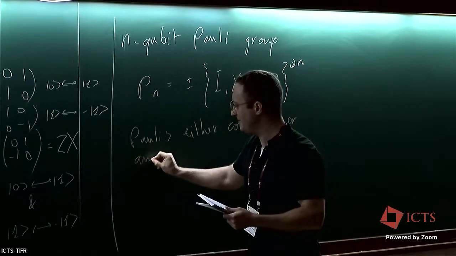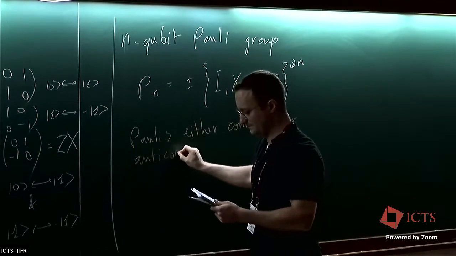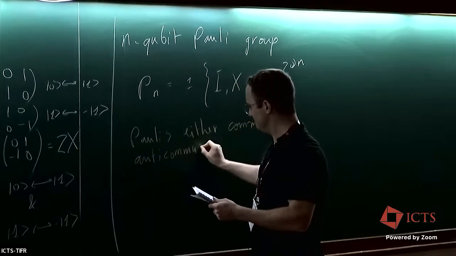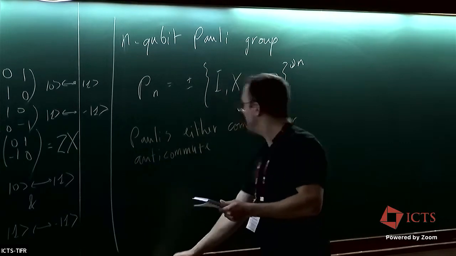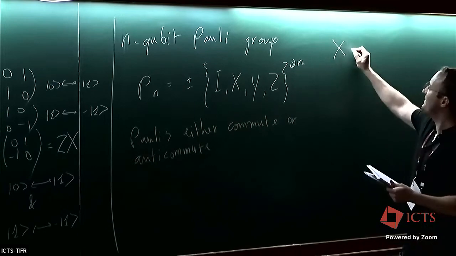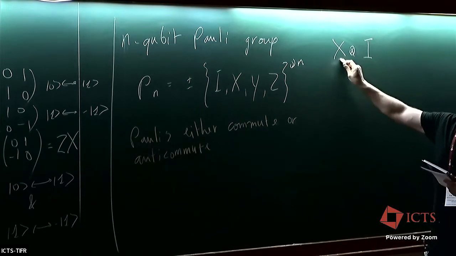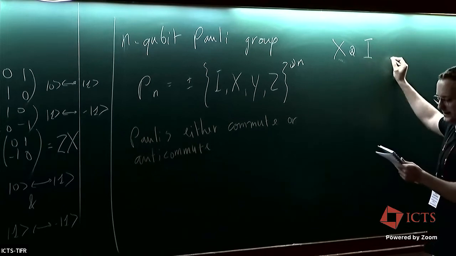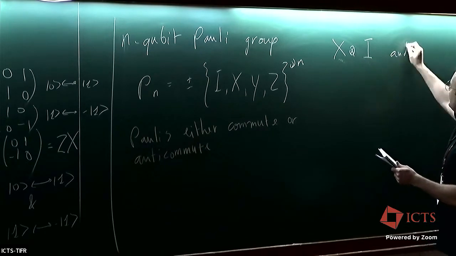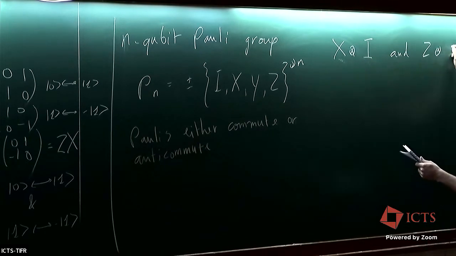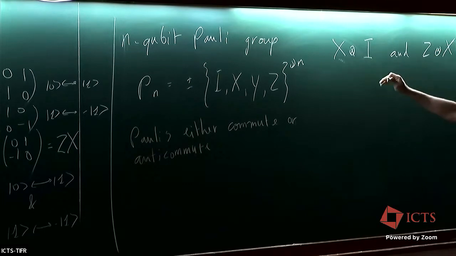Let's give a few examples. So X tensor product I, this operates on the first qubit, this operates on the second qubit, and Z tensor X. Does this Pauli commute with this Pauli or anti-commute?